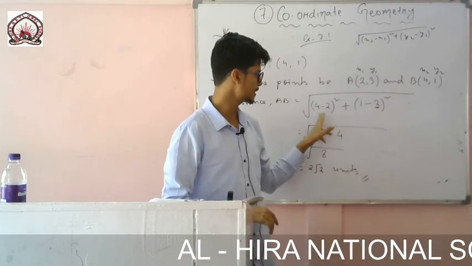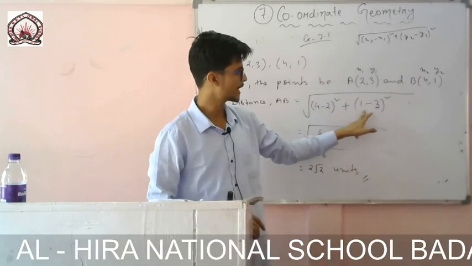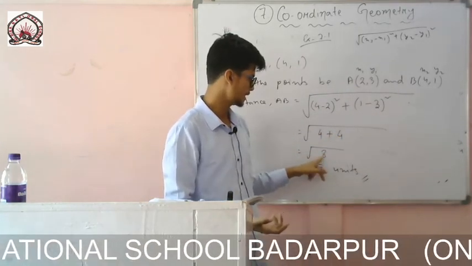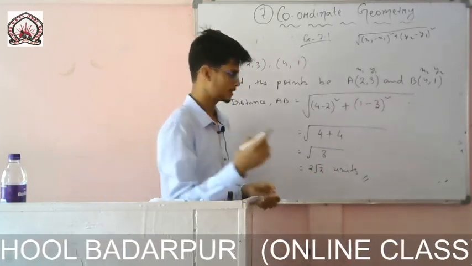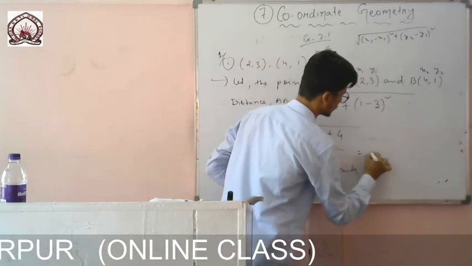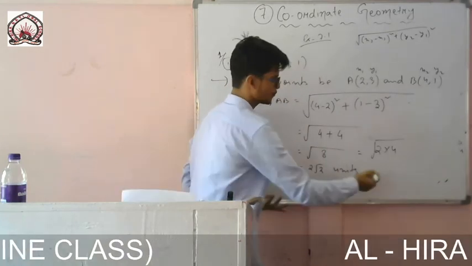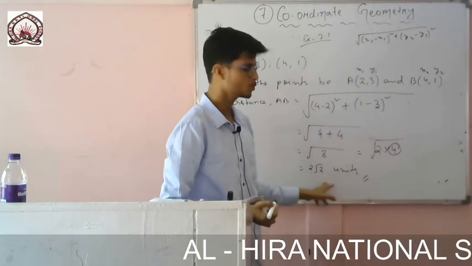After solving this, there I have got 2, so 2 square is 4. There I have got minus 2, so minus 2 square again is 4. And 4 plus 4 is 8. Some of you may get confused, so 8 I have written as 2 into 4. If I take 4 out, 4 is the square of 2. So the answer will be 2 root 2.